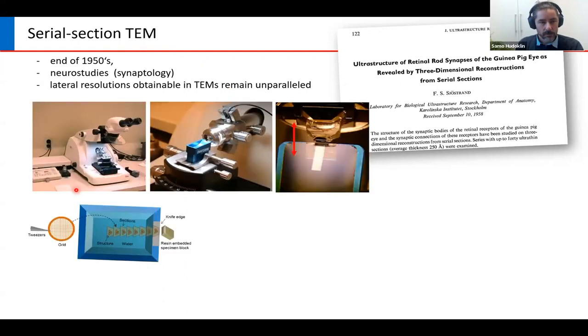Most labs that have electron microscopes also have ultramicrotomes, and you just section your sample, collect the sections on the grid, do the imaging in the TEM, and then manually align the images and so on.